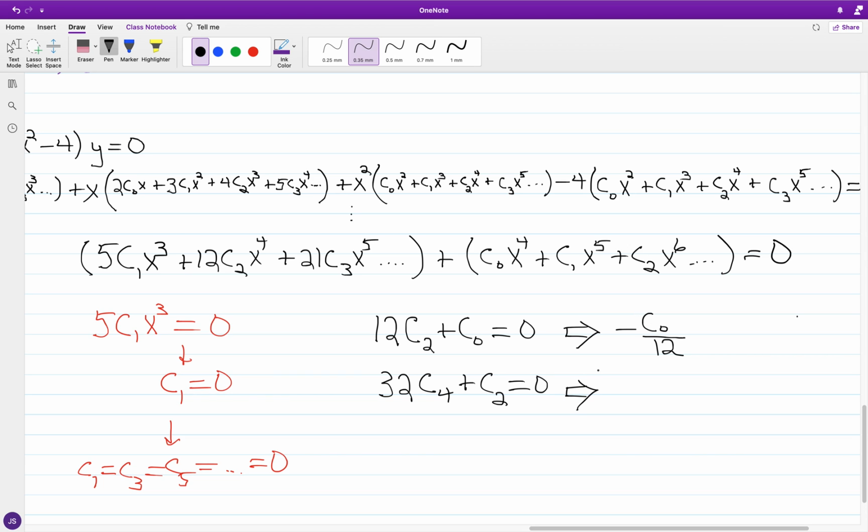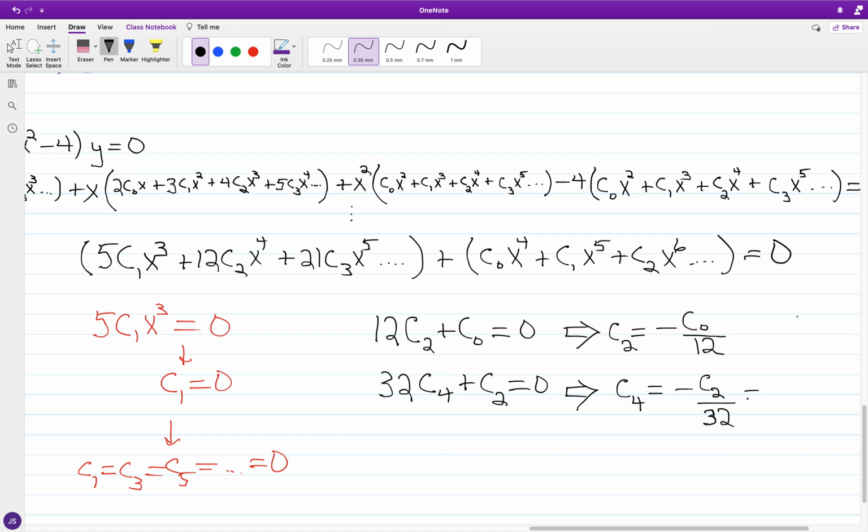Now putting c of 4 in terms of c of 2. I don't want to get too far ahead. So c of 4 is equal to negative c of 2 over 32.